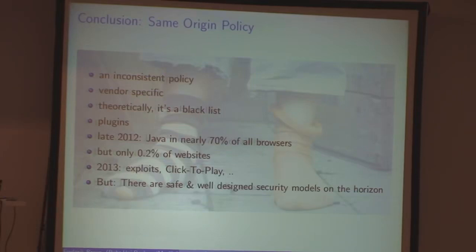But then something funny happened in early 2013 with a lot of Java exploits, and most browser vendors actually helped you in not having it activated by default, which is a good thing, I guess. But there are safe and well-designed security models on the horizon in terms of iframe sandbox and CSP, which are way better and well thought out in comparison to the same origin policy.